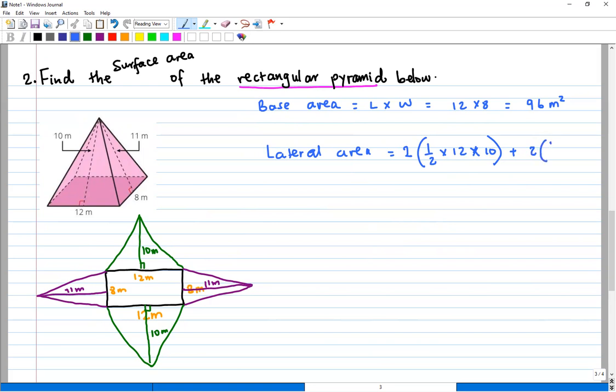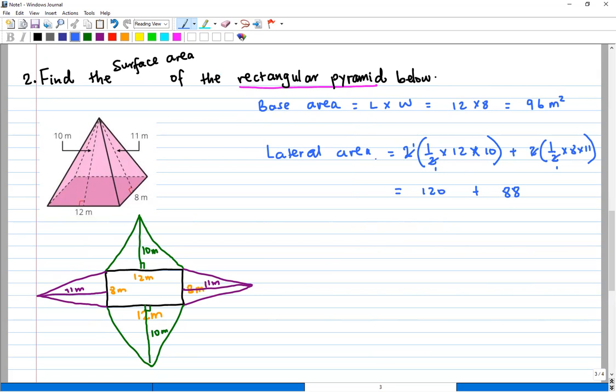2 times a half times the base of 8 and the height of 11. So that is the slight difference. These 2 will go with these 2, so here we get 120. And then these 2 will go with these 2 and we get 88. You see that?